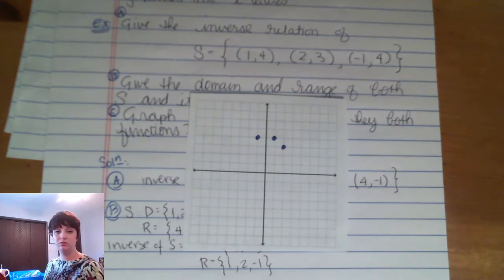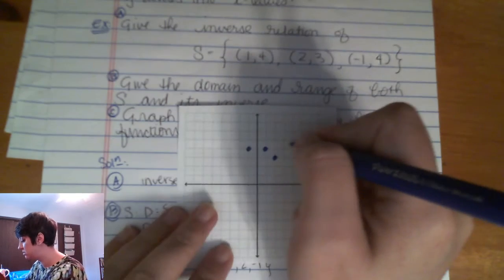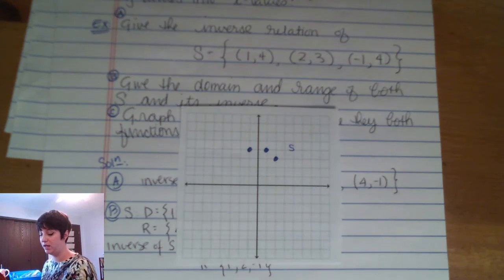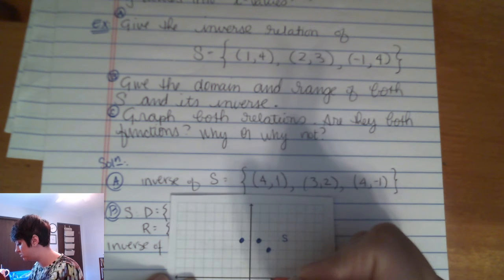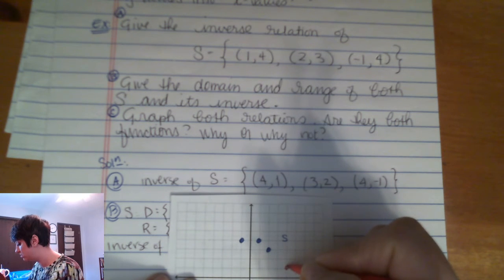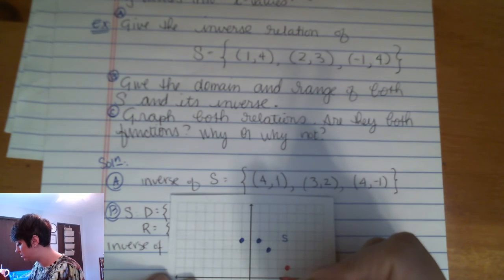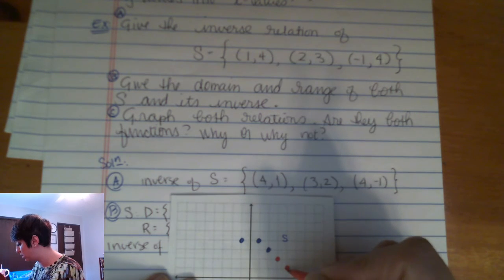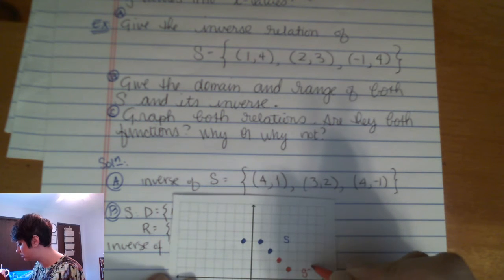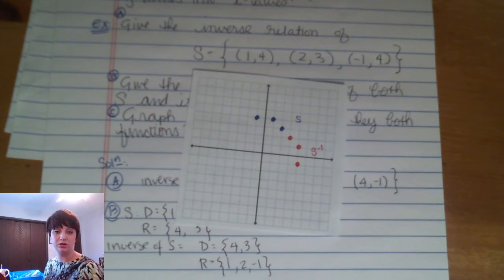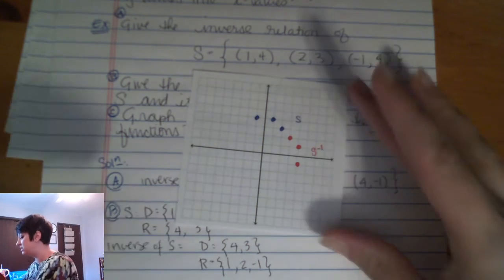So there's my S. And then for our inverse, let's see, we have 4, 1. So 1, 2, 3, 4, 1. 3, 2. And 4, negative 1. All right. Now, I haven't talked about notation quite yet, but we're going to talk about it here in a second. All right, so blue is my S and red is my S inverse.